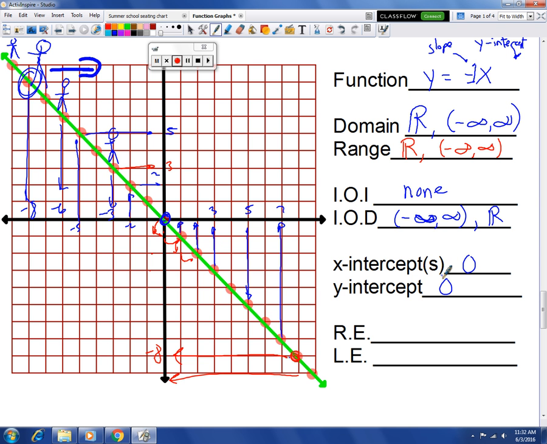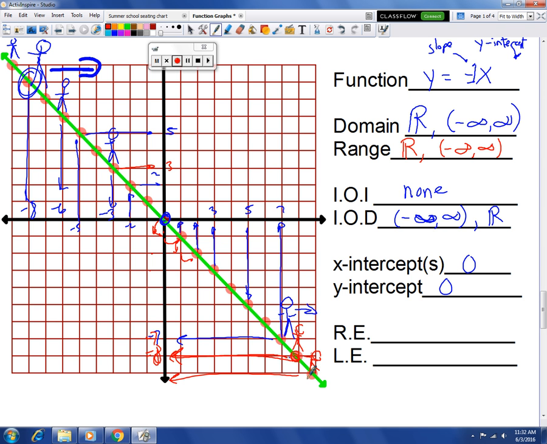Alright, now the right end behavior is going to be a little different. So imagine your little guy is over here. He's going to the right, just like for intervals of increase or decrease. Alright, this time, as he keeps going right, the numbers get lower and lower. Negative 7. Negative 8. He goes a little further right. It gets a little bit lower. He goes a little farther right.